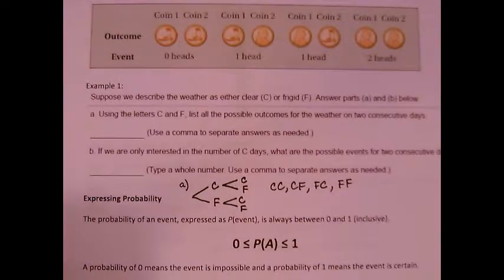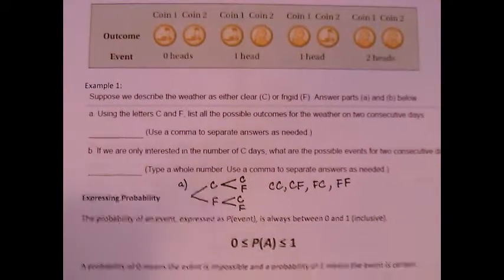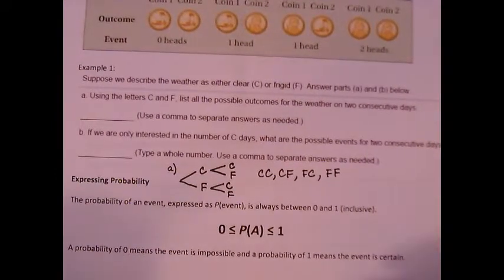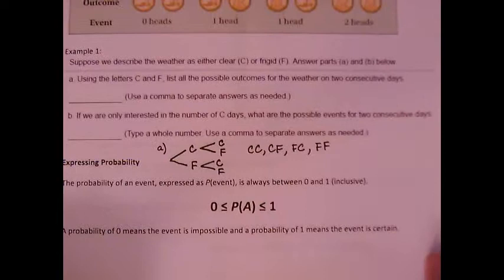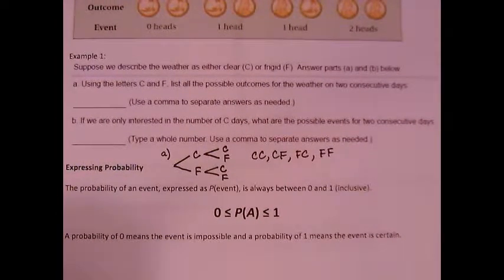Now part B, if we are only interested in the number of C, or the number of clear days, what are the possible events for the 2 consecutive days?